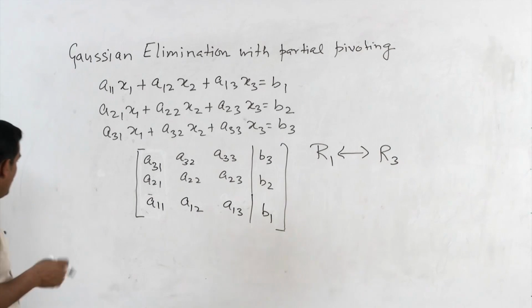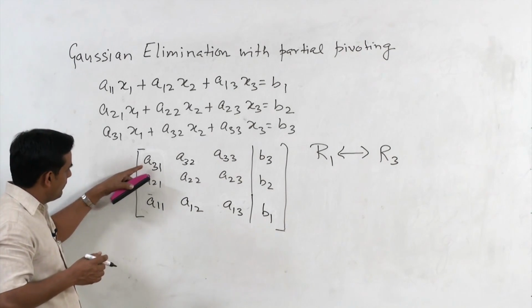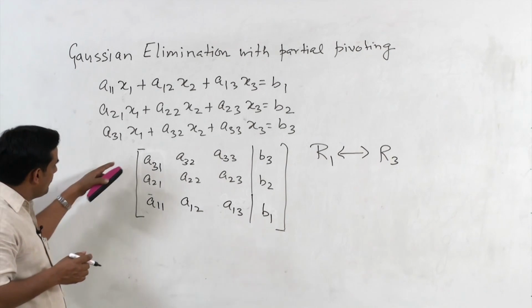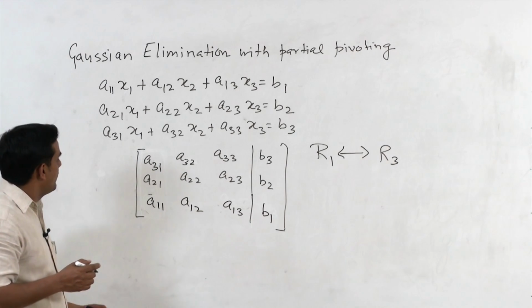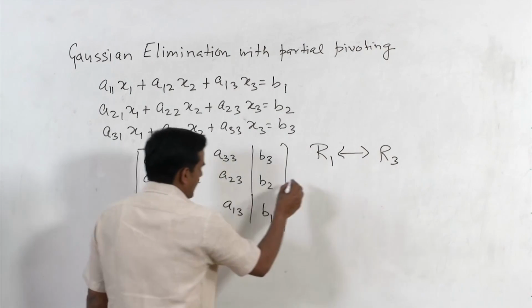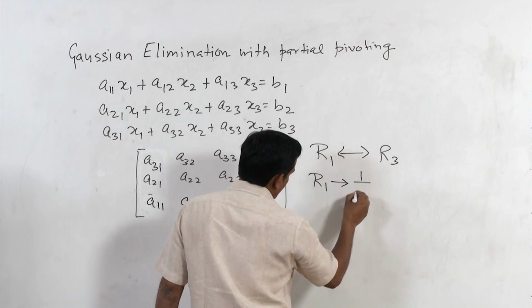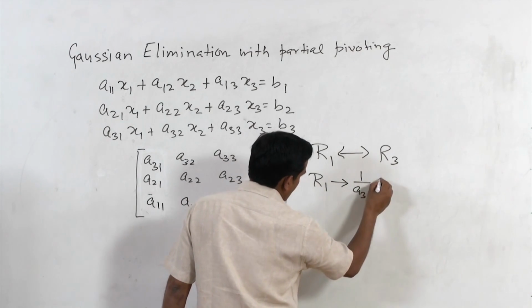Now, I will make this element 1. So, I need to divide the first row by the scalar 1 upon a31. I need to replace R1 with 1 upon a31 times R1.